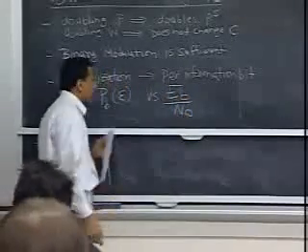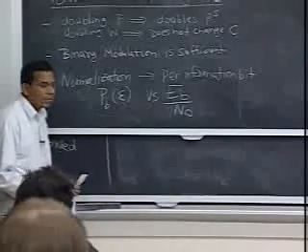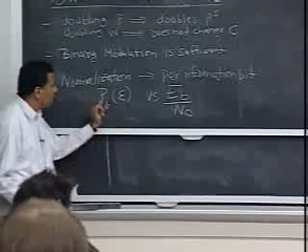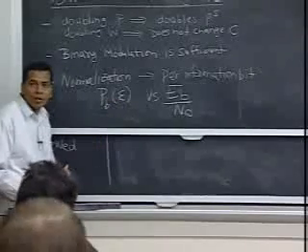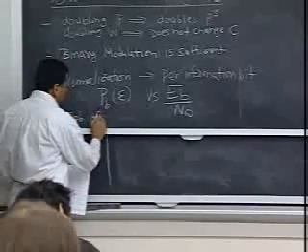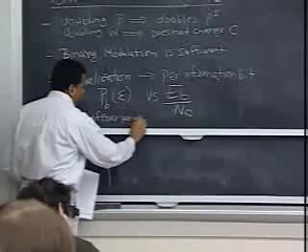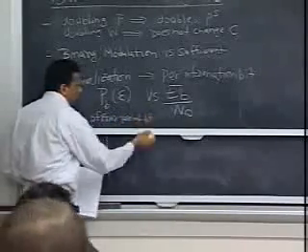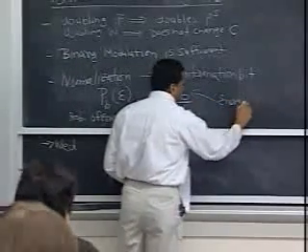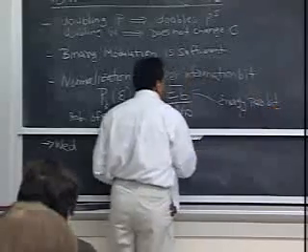This is an important trade-off that we wish to study in power limited regime. Eb is the energy per bit. P sub B of E is the probability of error per information bit.